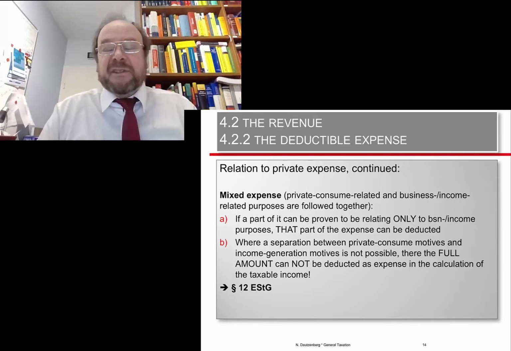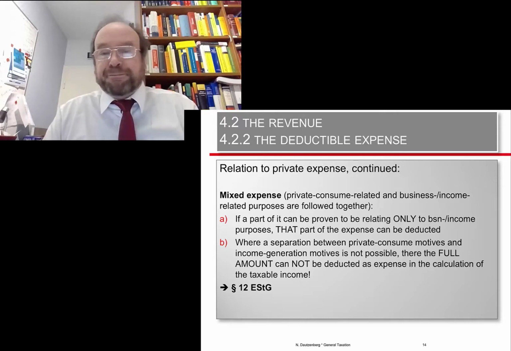But there might also be business expense and private expense motives mixed. Mixed expense would be where private consume related and business income related purposes are followed together, come together in an expense. So what has to be done there?